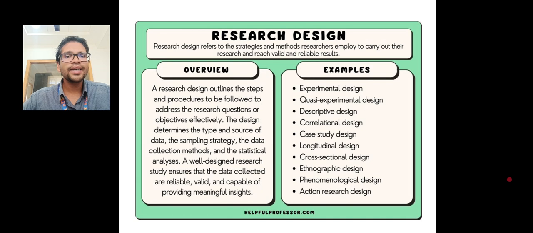The design determines the types and sources of data, sampling strategy, the data collection method and statistical analysis. A well-designed research study ensures that the data collected are reliable, valid and capable of providing meaningful insight.